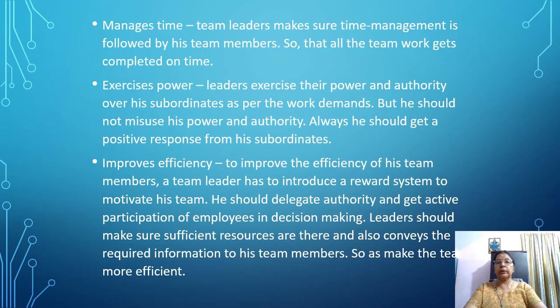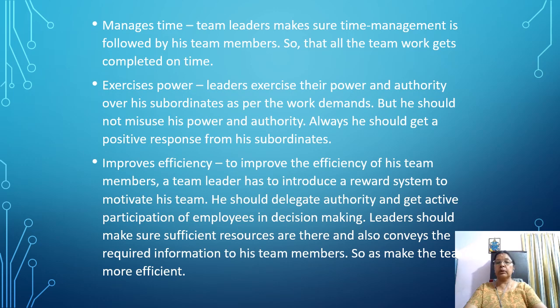So he has to introduce a reward system where he can give rewards to those employees who are performing well, and he should also delegate authority and decision making powers to team members. He should also make sure all the team members are participating actively in decision making.